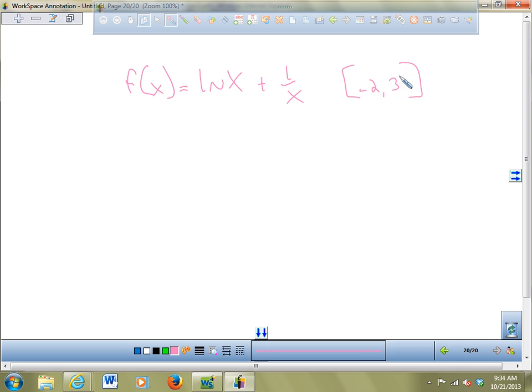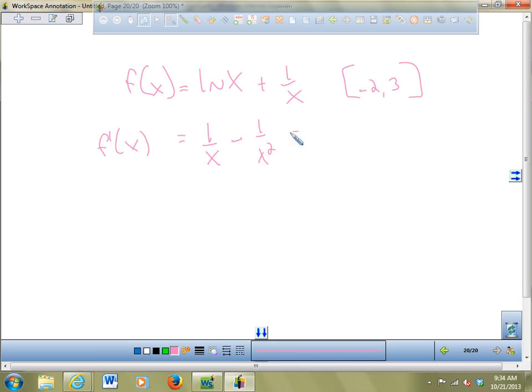So let me do that really quickly. What's the derivative of natural log of x? 1 over x. What's the derivative of 1 over x? Good. It is equal to negative 1 over x squared, because I could rewrite this as x to the negative 1 and then take the derivative.